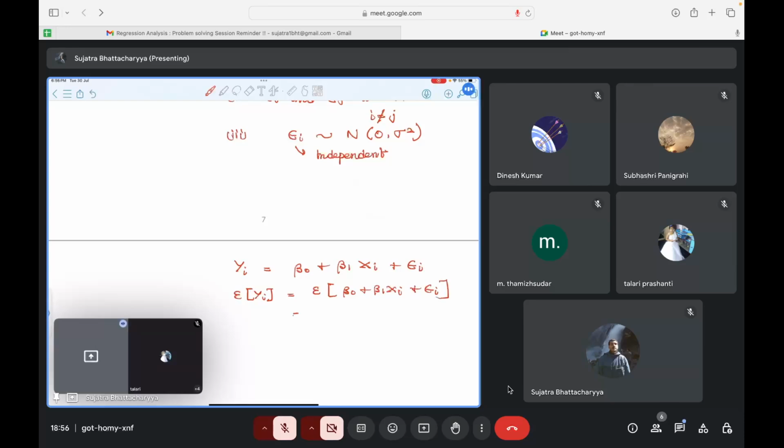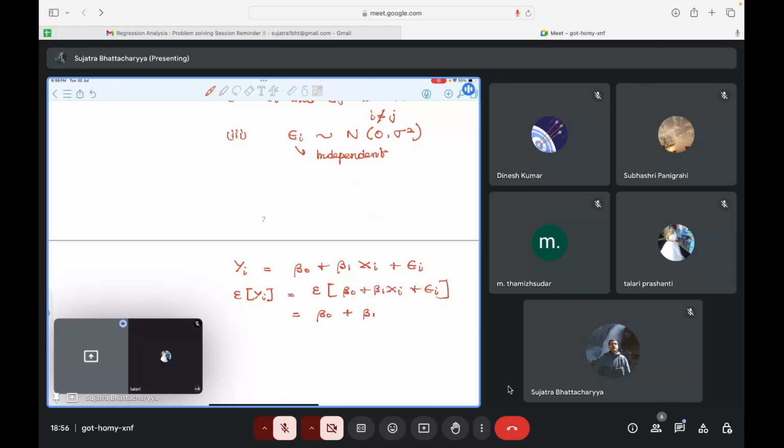Correct? So the expectation value of beta naught is a constant, so it comes out as it is. Expectation value of beta 1 xi: beta 1 is a constant, but what about xi? Xi here will also be a constant because I have told you xi is in my control. It is not a random variable.